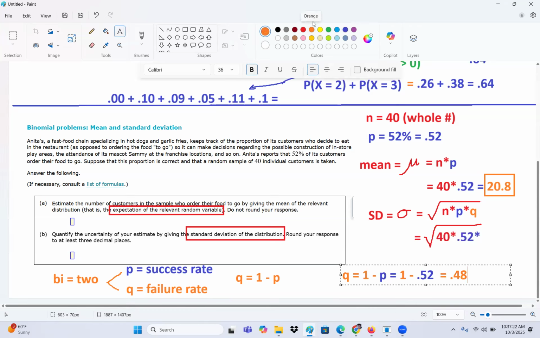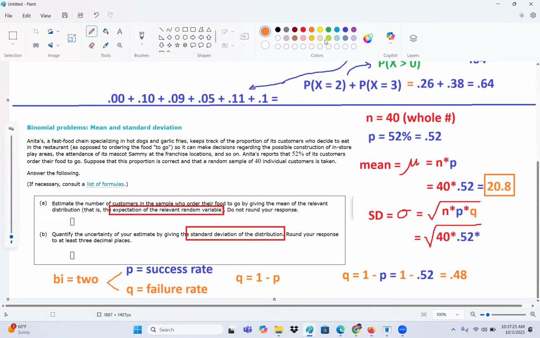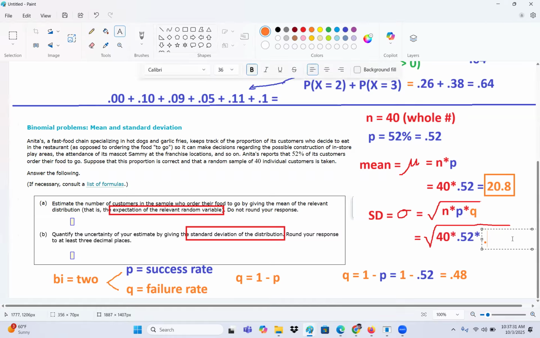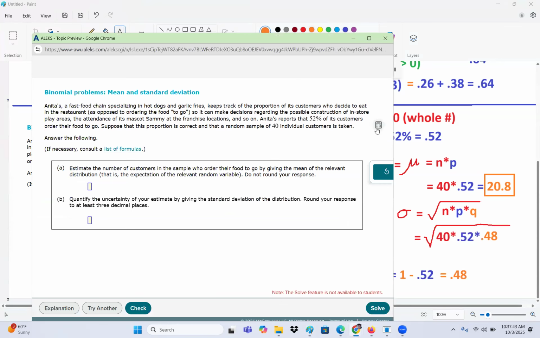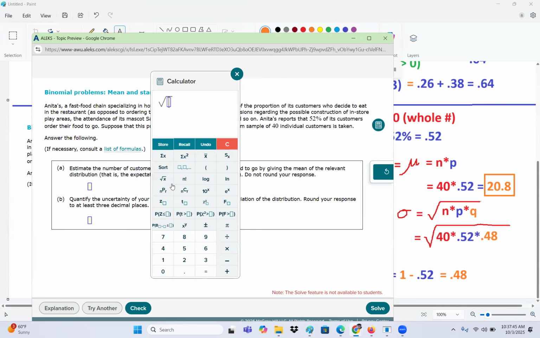So everything must be done on a calculator. Precise is very straightforward. Multiply that on a calculator, so you should be able to get to the final answers quickly. You take the square root of 40 times 0.52 times 0.48.